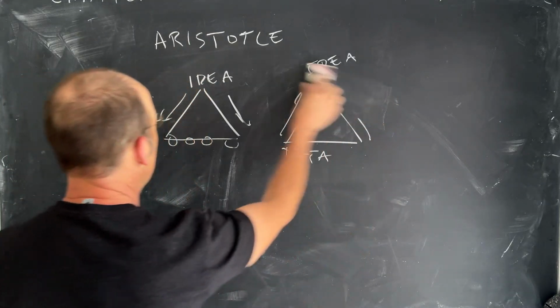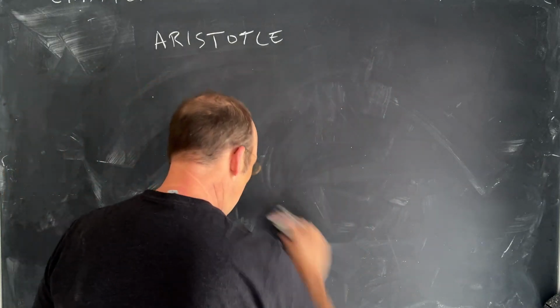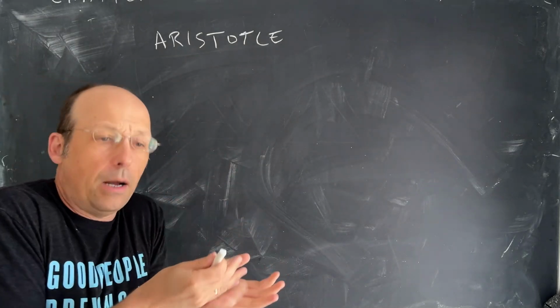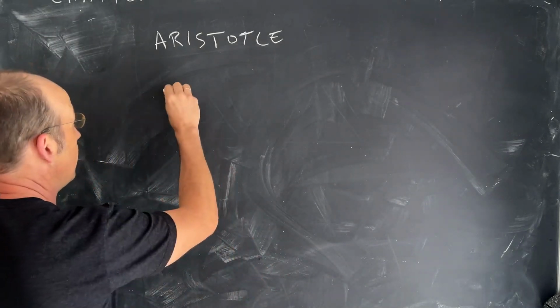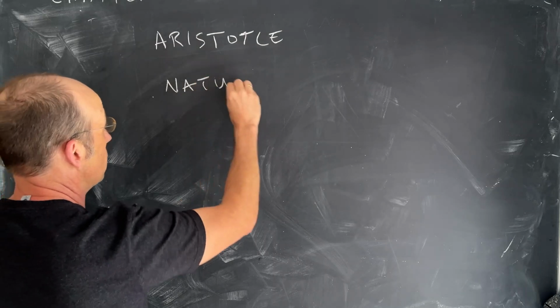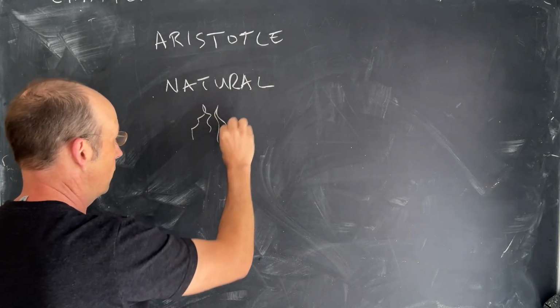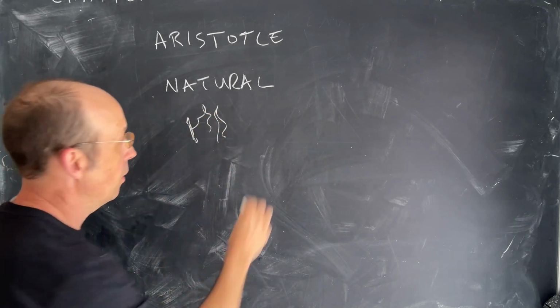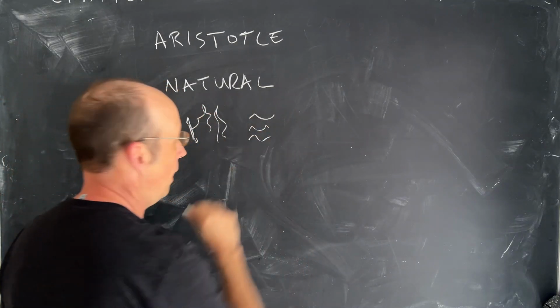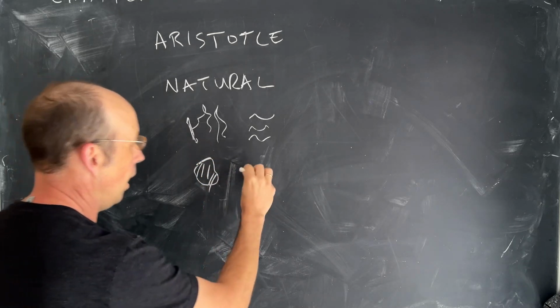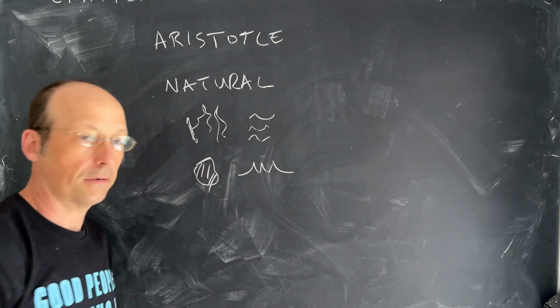And from that, Aristotle had four, he wanted to look at how objects move. And first he had this idea of natural motion. So we have these things. That's fire. We have this one, air. We have this one, rock, water.